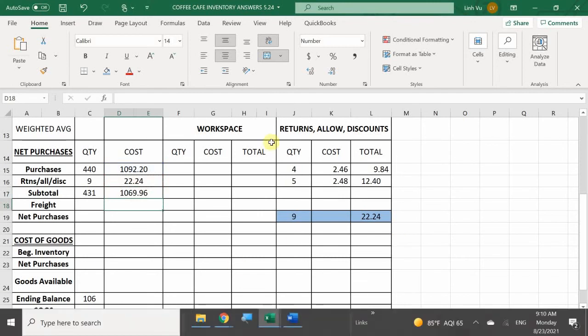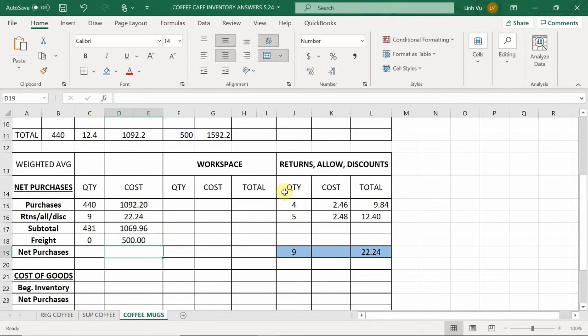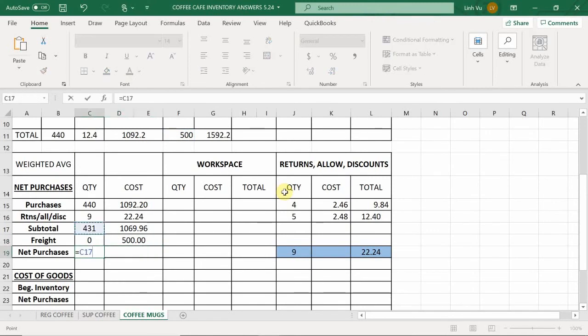Oops. Oh, okay. Subtract it. Uh-huh. $1,069.96. Good. Okay. So then right here, we have to add our freight. We know that freight doesn't add to quantity, but it adds to cost. So we need to add our $500.